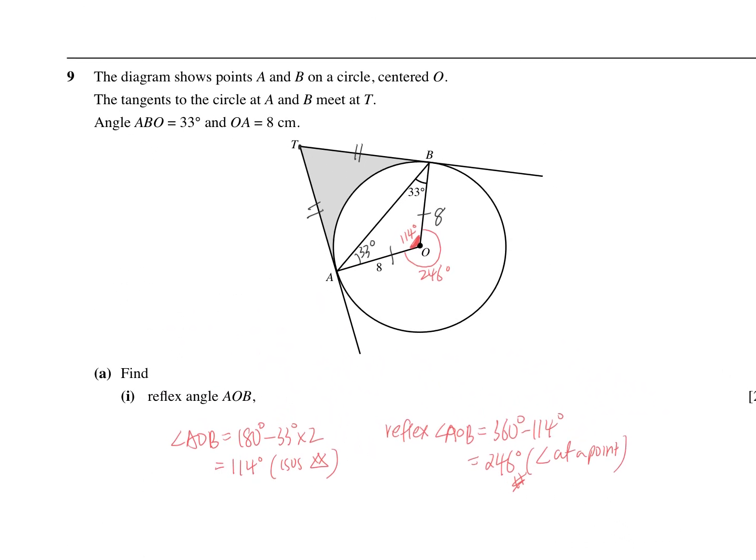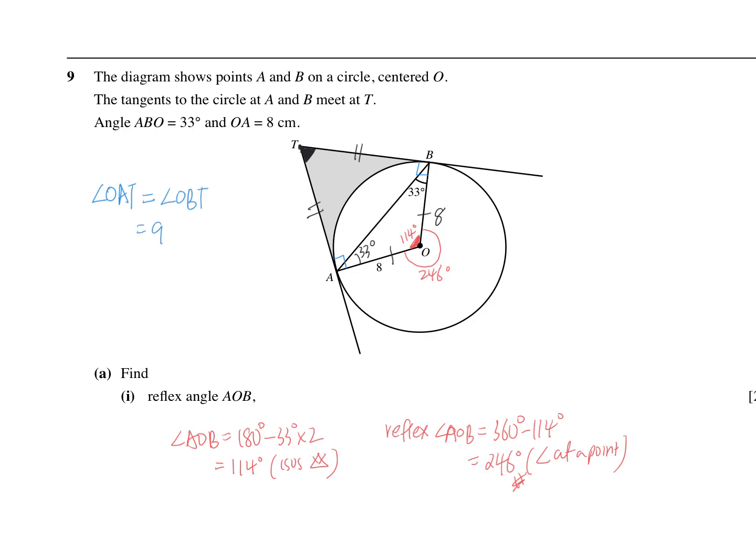Okay? So this is reflex AOB. They want me to find this angle outside. The important thing is, I know these two angles are 90 degrees because tangent is perpendicular to radius. So I go and write down first, OAT is equal to OBT.